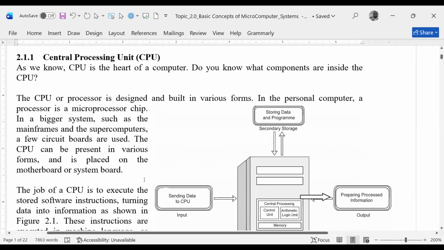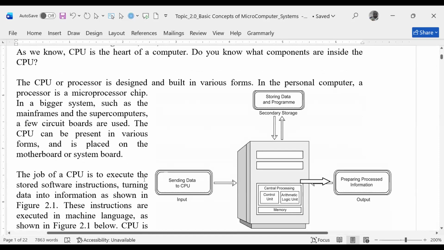It is built in various forms, and in a PC or microcomputer system, the name, as I said, can be chip, microprocessor, or whatever.